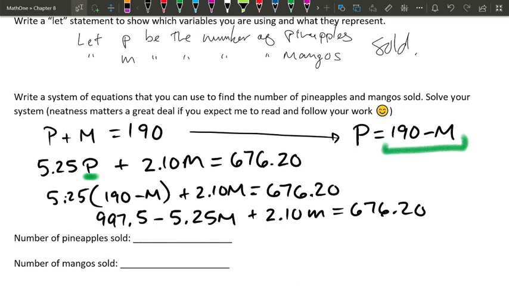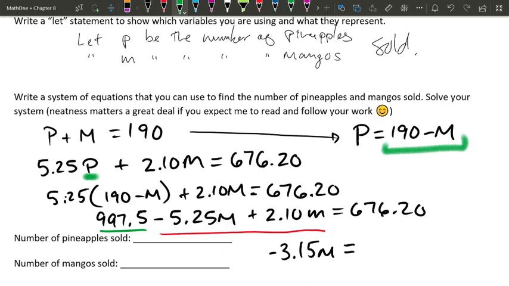All right, so running out of room here, but we're okay. I can combine the two values of M, right? Negative 5.25 and positive 2.10. Negative 5.25 plus 2.10 is going to give me negative 3.15M. And at the same time, I'm going to subtract 997.5 from both sides.